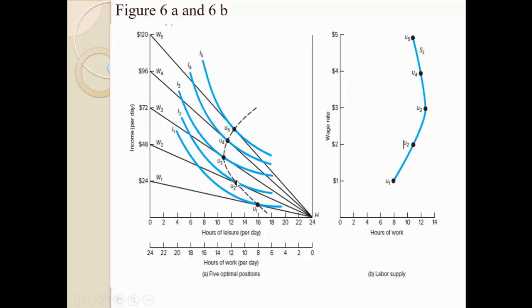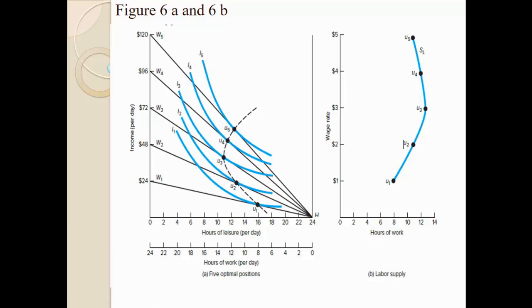Now, if the wage rate further increases to $3, we see another budget line W3, and the labor moves to U3, where he is earning more. But students, if the wage rate further increases to 4, the new budget line becomes W4H. The labor moves to U4.